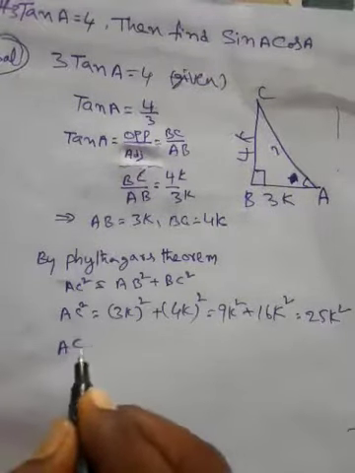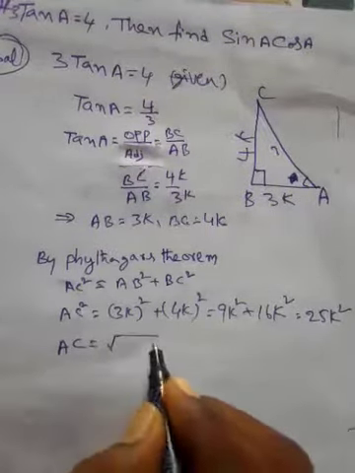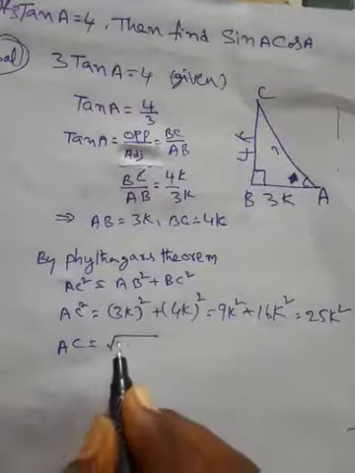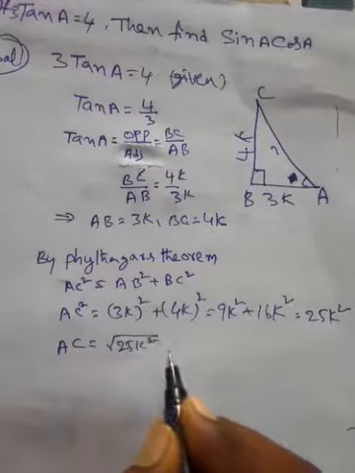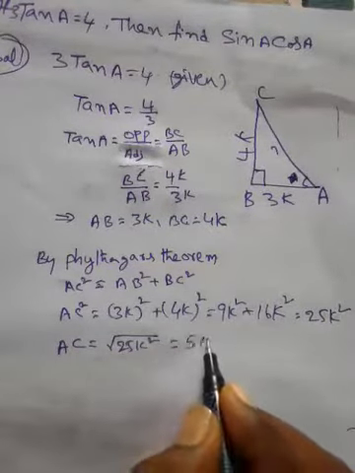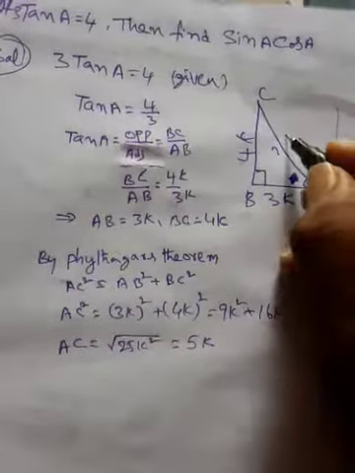We need AC, which is the root of 25K square, that is equal to 5K. This is the hypotenuse, 5K.